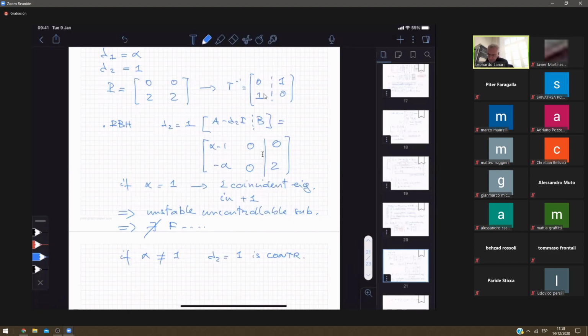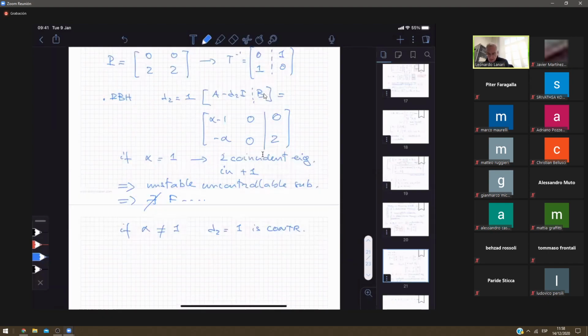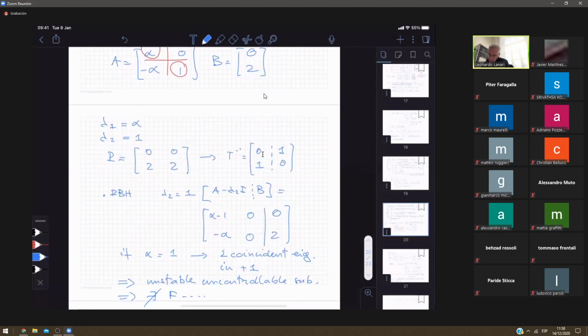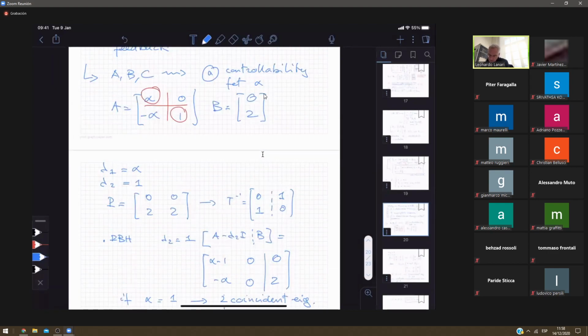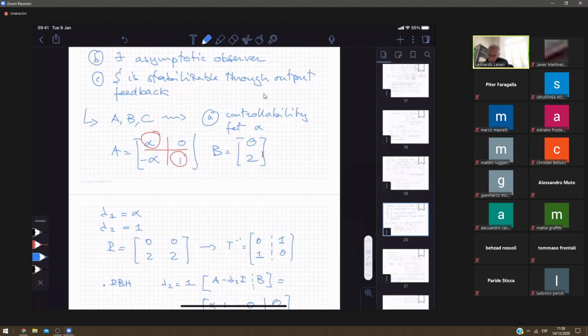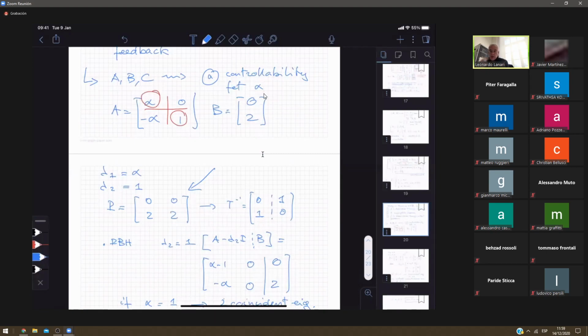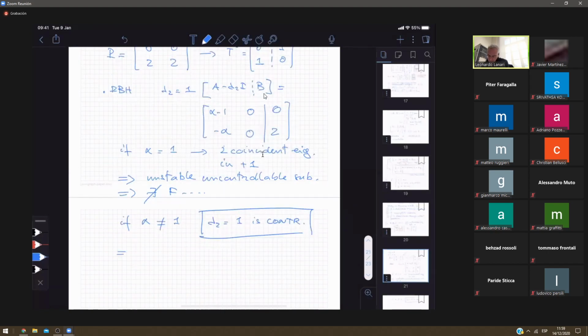But this does not imply that the system is stabilizable yet, because the system is not controllable. Since we have only two eigenvalues, if one is controllable, it means that alpha is not controllable. And therefore, alpha will characterize the uncontrollable subsystem.